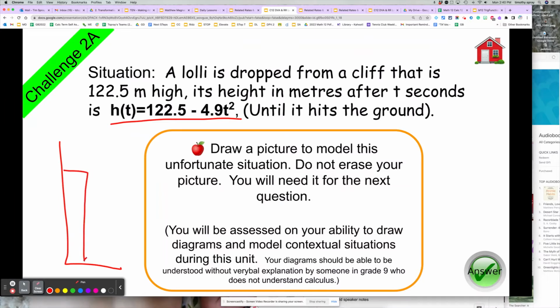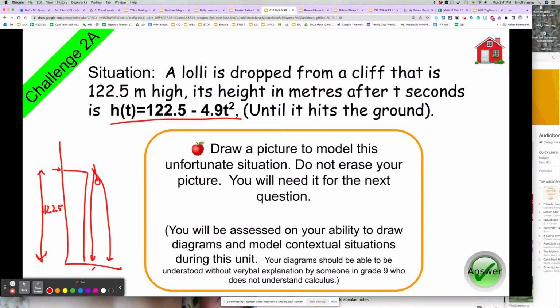So here's a cliff. Here's the lolly. Let's get the height, 122.5, and maybe we say that this height here to here is 122.5, and so it's being chucked down now. Of course, from a graphing standpoint, it would look like it's falling straight down, but as time goes, it would look more like that.